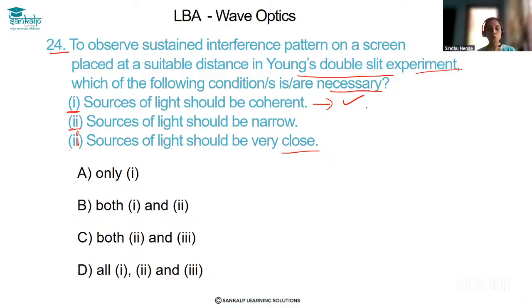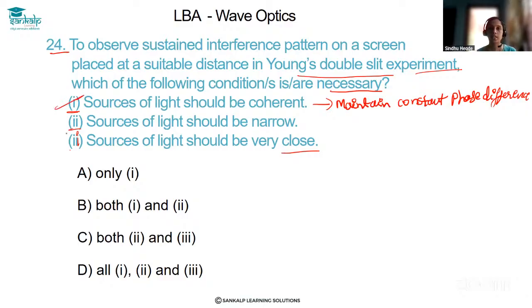Because coherent means they maintain a constant phase difference over time. So this condition is very, very necessary to obtain sustained interference in Young's double slit experiment.